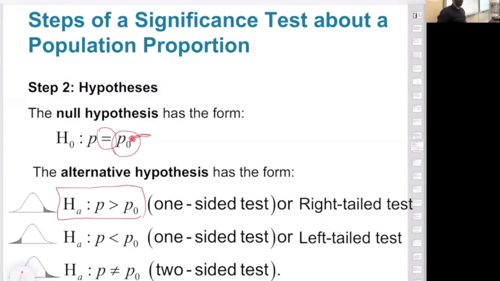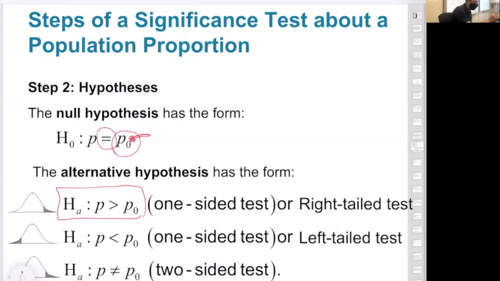Based on the direction of the alternative hypothesis, you will know the type of the test. Here we actually have three types. Some people say two, some people three. I prefer to say three, not two.